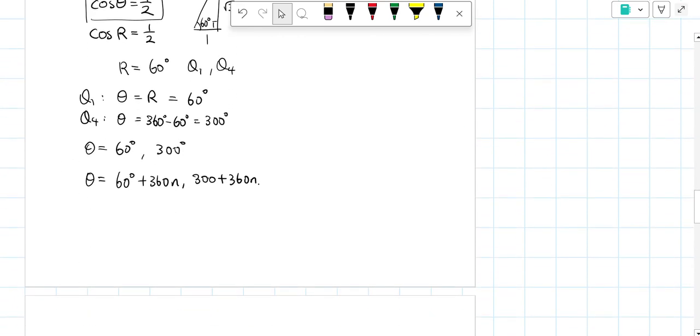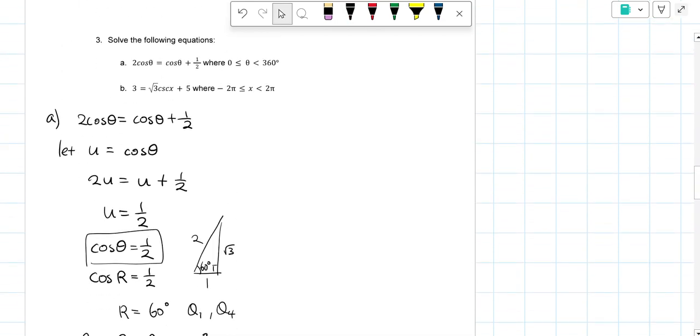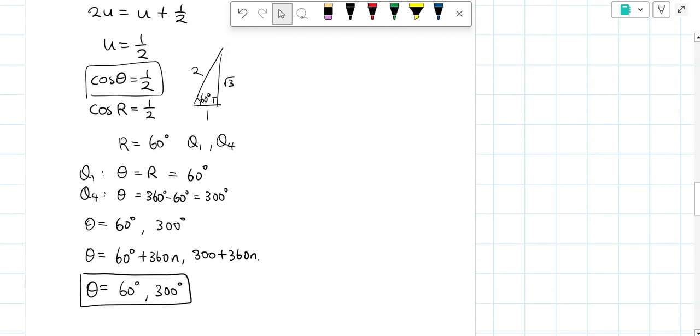So if I go 60 plus 360 or minus 360, it'll be out of the range, and same thing for 300. So my final answer is simply 60 degrees and 300 degrees. By the way, we can always check our answer by using a calculator. We can compute cosine of 60 degrees and see that we do get 1 over 2, and same thing for cosine of 300 degrees.